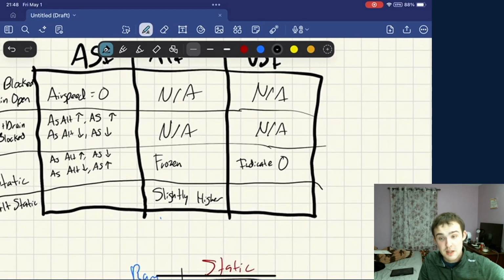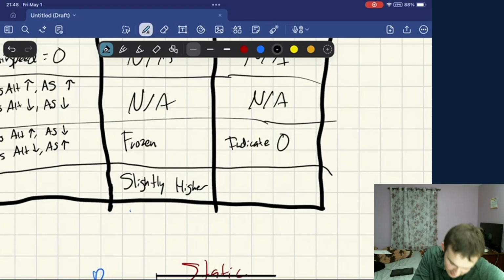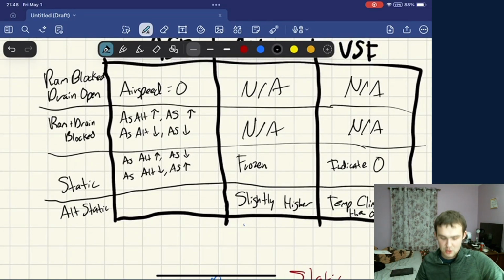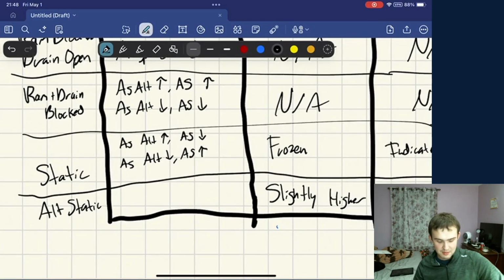Our vertical speed indicator, as we know, there's going to now be a slight difference in pressure between the diaphragm and the casing, the delayed air and the live air, because the live air is going to have a lower pressure than the inside of the diaphragm, which is going to show us temporarily in a climb. Then 0, because it's going to go back to giving us that same pressure once it stabilizes.